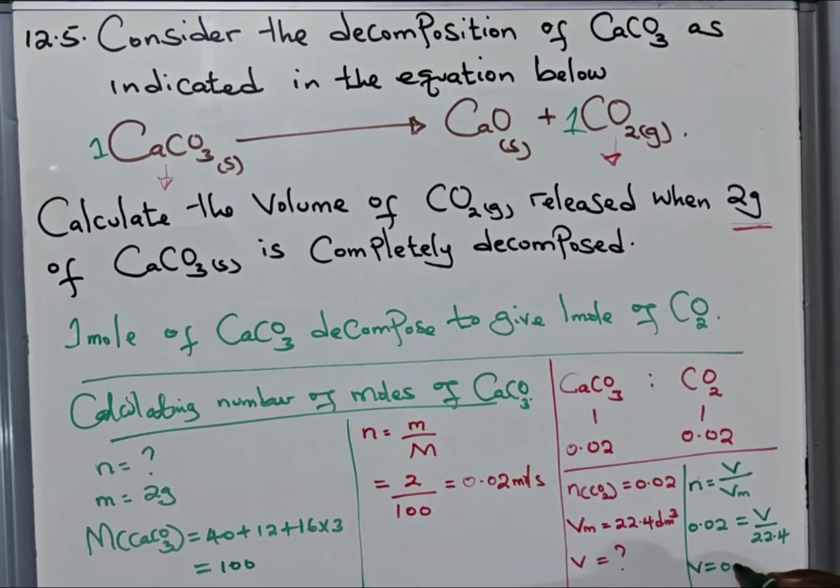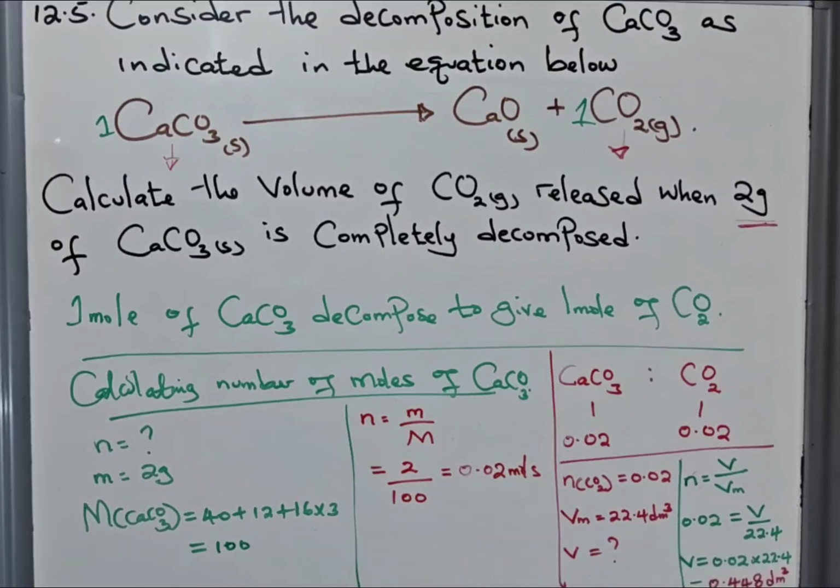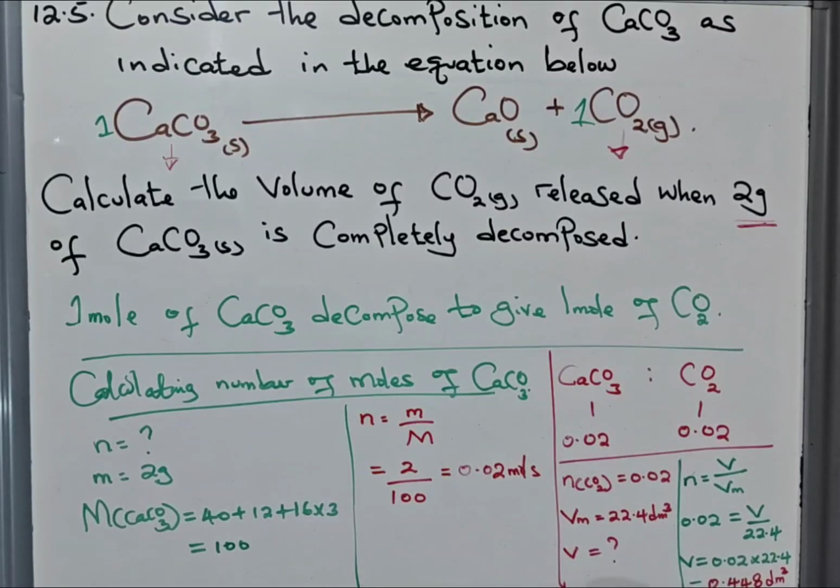You're going to have 0.02 times 22.4 equals V. So our volume of carbon dioxide released is 0.448 cubic decimeter.